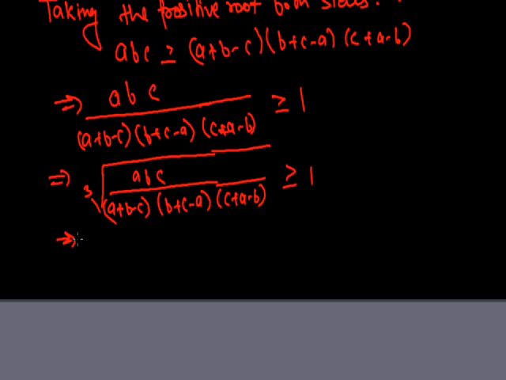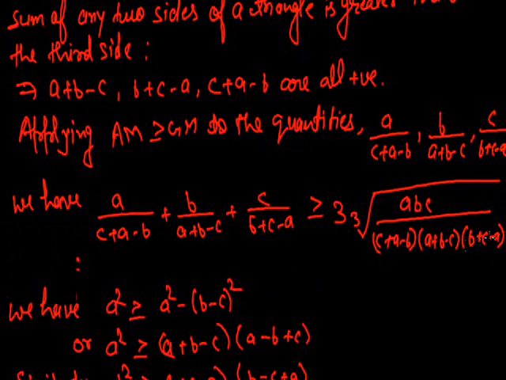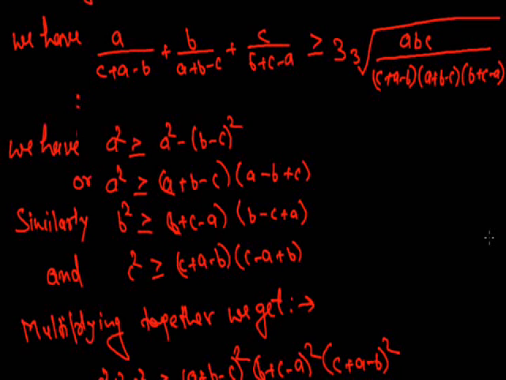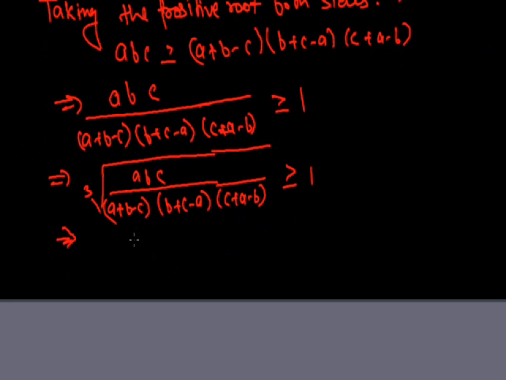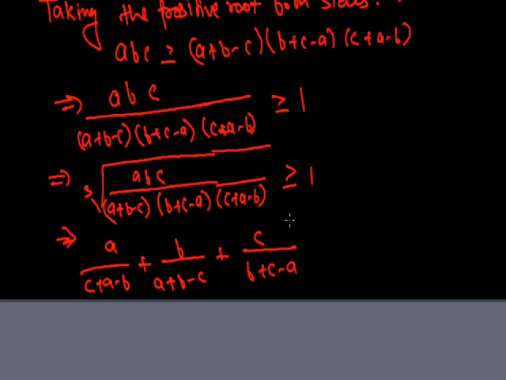And from here, from AM-GM inequality, from both the equations we would have that A upon C plus A minus B plus B upon A plus B minus C plus C upon B plus C minus A was already greater than this expression, and now this expression is greater than or equal to 1, so we can say that this expression is greater than or equal to 1.